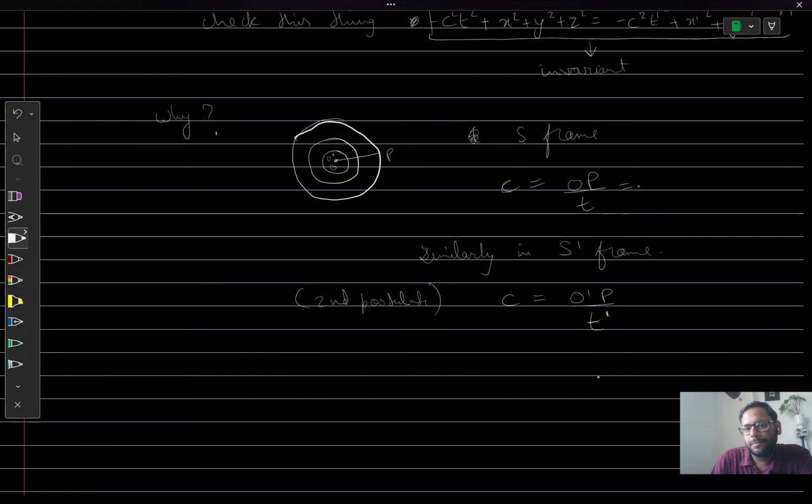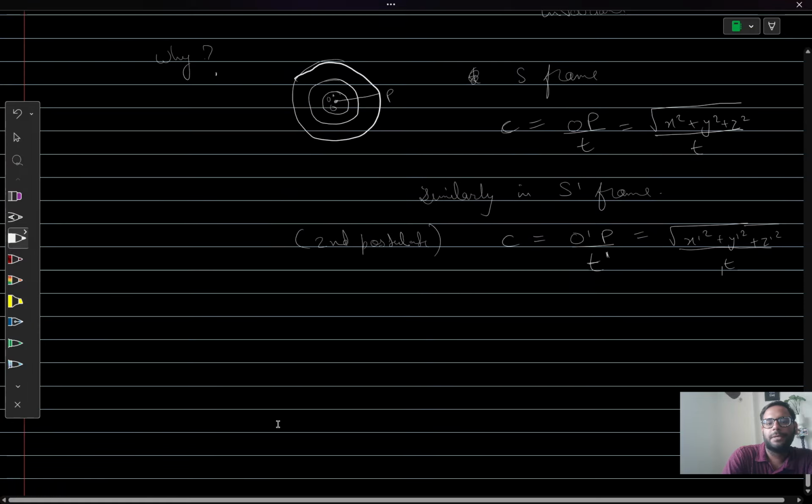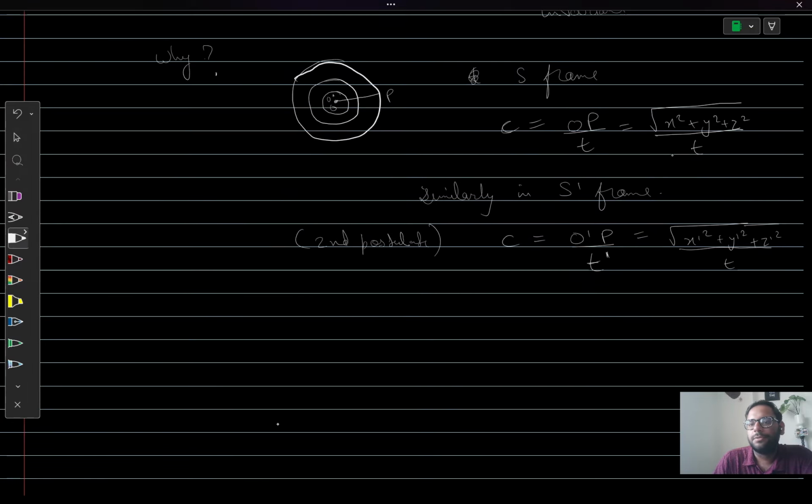So in the S frame it will be x squared plus y squared plus z squared, which is your length, upon t, and this will be x prime squared plus y prime squared plus z prime squared upon t prime. Distance upon time is speed, and it should be constant. Both are equal since the speed of light is constant. You can just equate them both, and you will find the above relation from this simple equation.